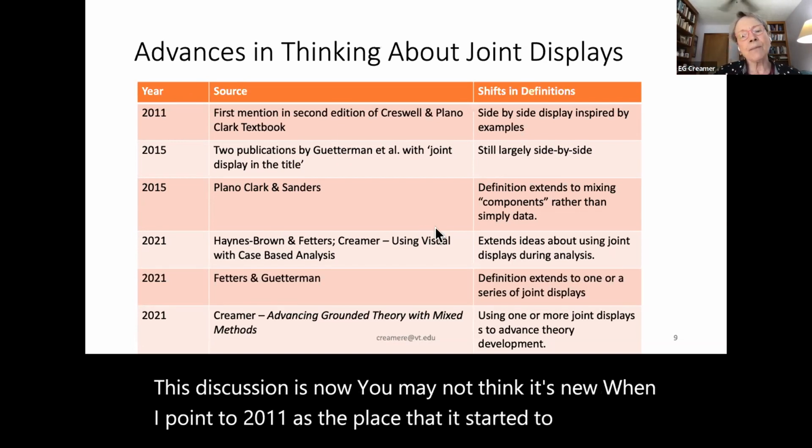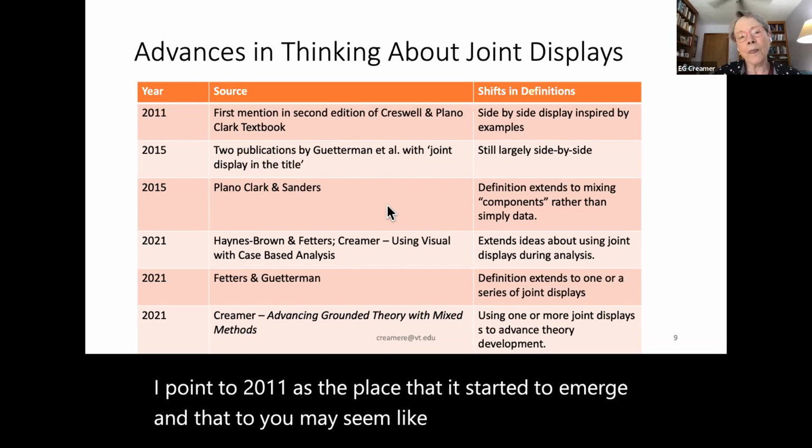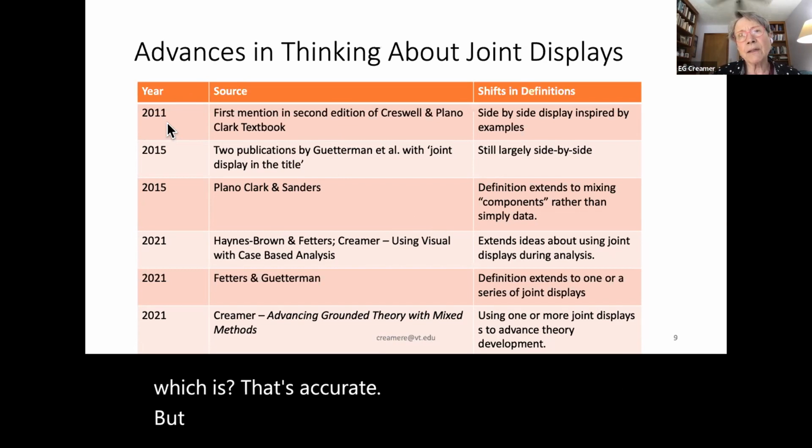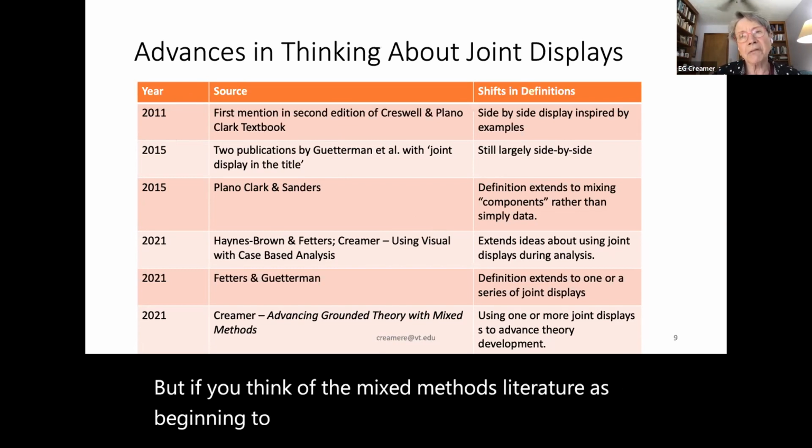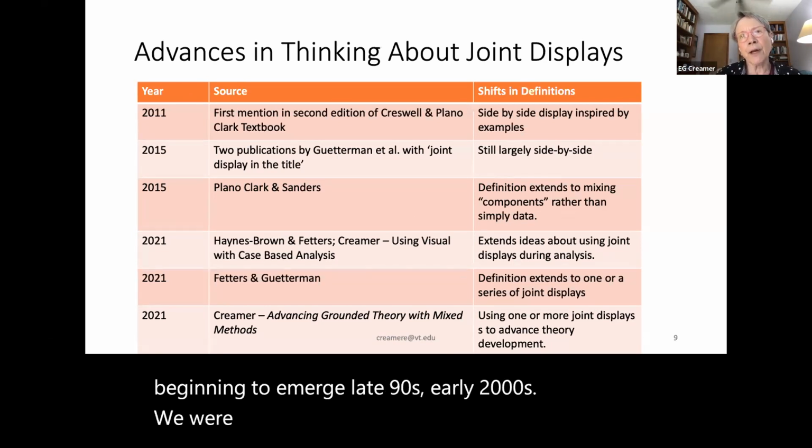That may seem like 11 years ago, which is accurate. But if you think of the mixed methods literature as beginning to emerge late 90s, early 2000s, we were well past the first generation before you get into talking about joint displays.